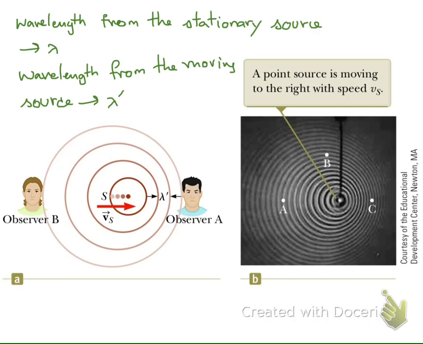So if we look at the wavefronts with the same phase, between these two adjacent wavefronts, this wavefront will be generated when the source moves a distance equal to VsT.